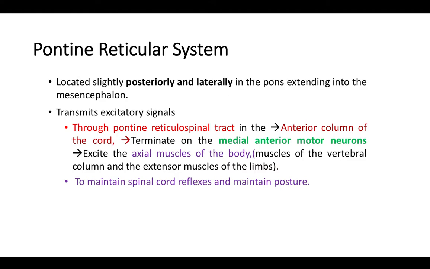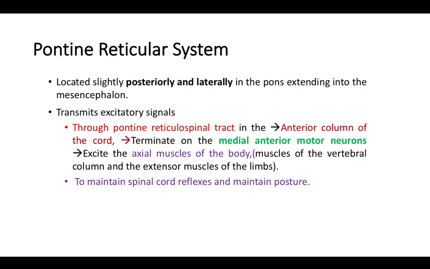Regarding the pontine reticular system, this one is located slightly posteriorly and laterally in the pons in relation to the midline. Okay, so if you take the brainstem in relation to the midline, it is more posterior and lateral, and some fibers extend even up to the mesencephalon.